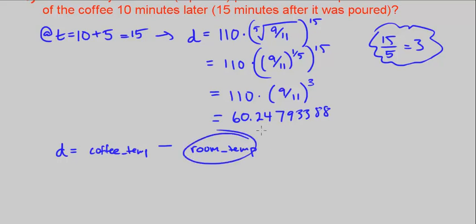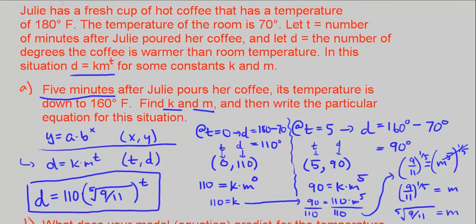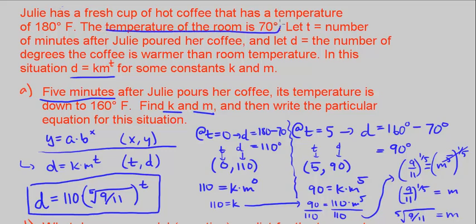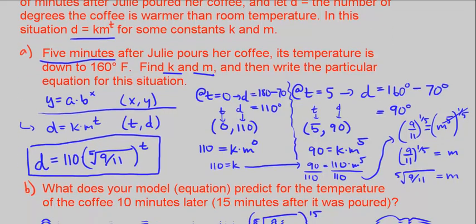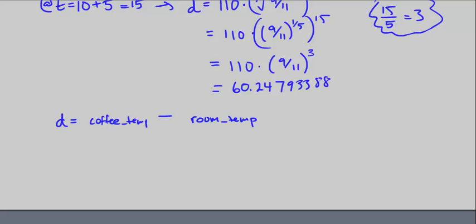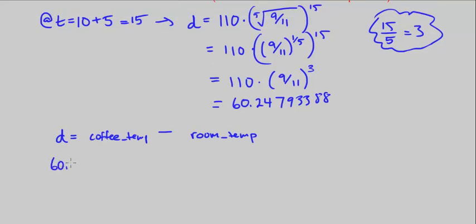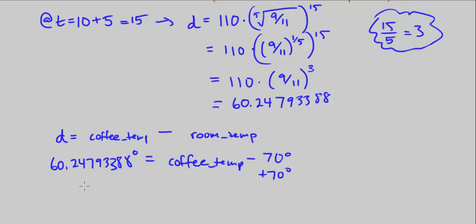And we know the room temperature was 70 degrees. That's what we were given, right? The temperature of the room is 70 degrees. So we know here 60.24793388 is equal to the coffee temperature minus 70 degrees. So how do we find the coffee temperature? Well, we add 70 to both sides.